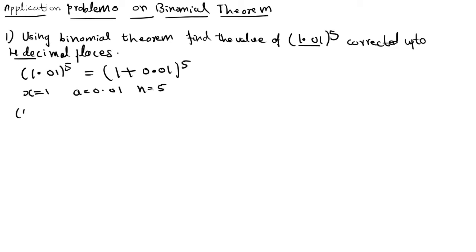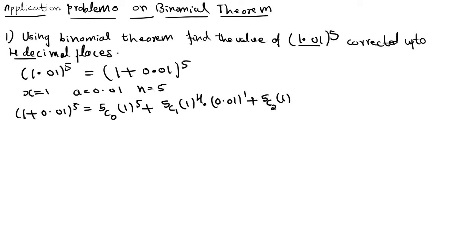Now expand 1 plus 0.01 to the power 5 equal to 5c0 into 1 to the power 5, plus 5c1 into 1 to the power 4 into 0.01 to the power 1, plus next 5c2 into 1 to the power 3 into 0.01 to the power 2, plus 5c3 into 1 square into 0.01 to the power 3, plus 5c4 into 1 into 0.01 to the power 4.